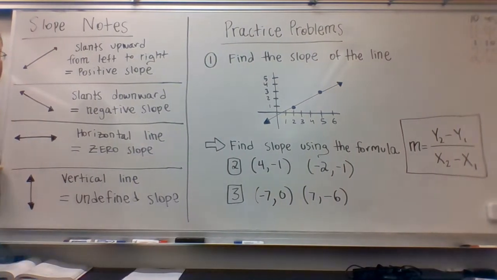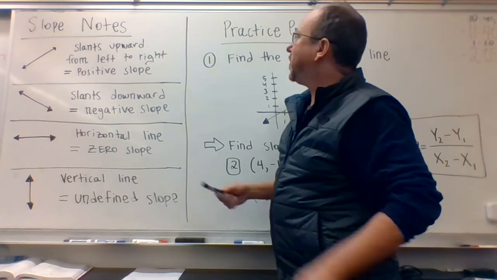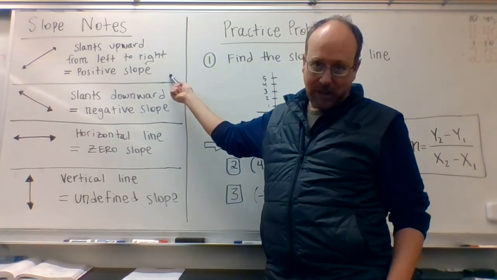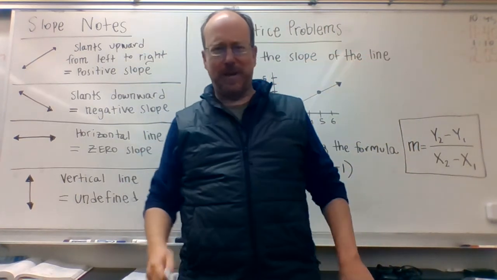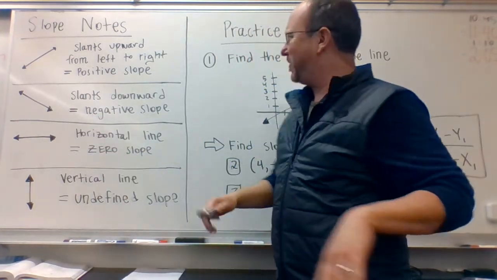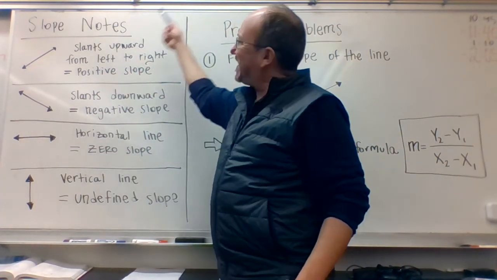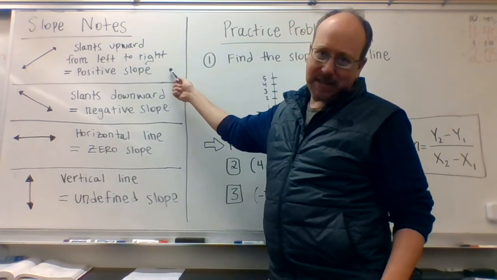All right, here we go. So I want to point out, again, this is going in your journal. These are slope notes. These are generalizations that are always true. If a line is slanting upwards from left to right, that means it will always have a positive slope.